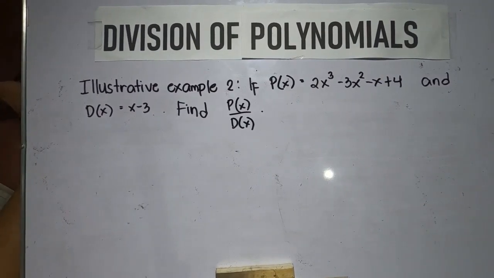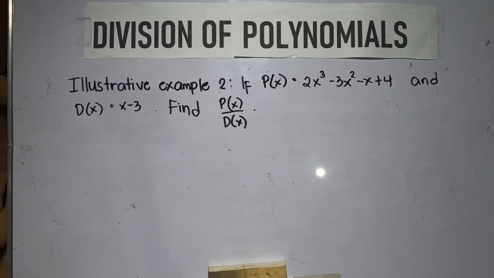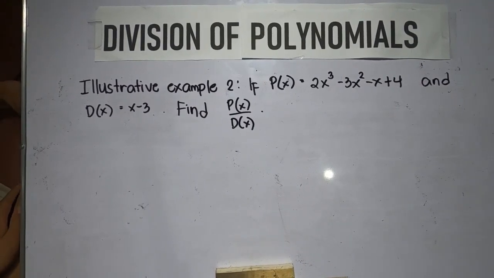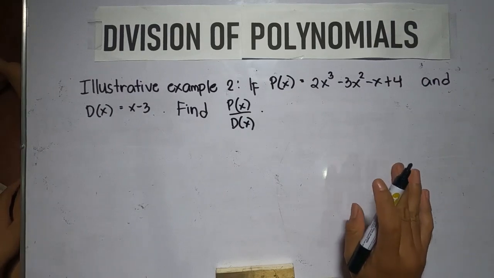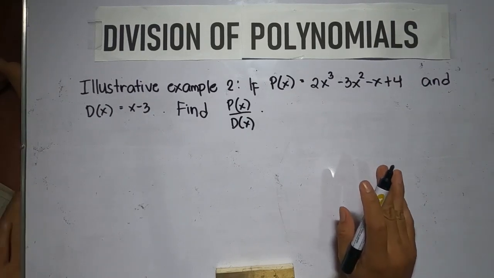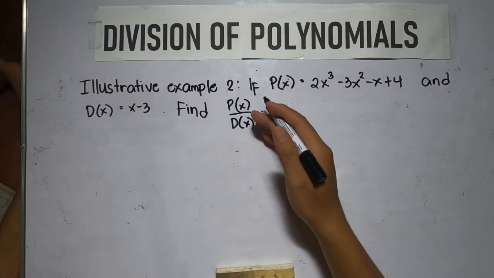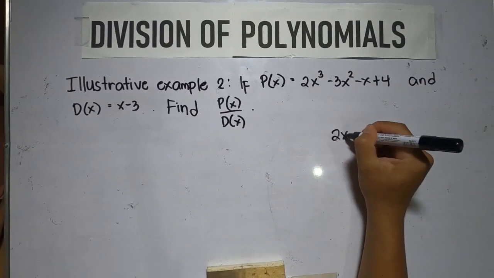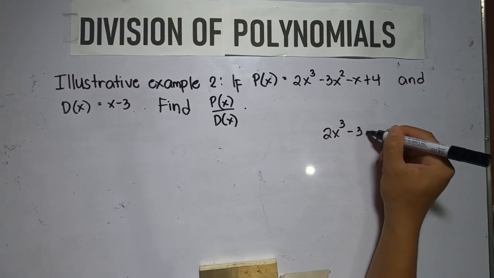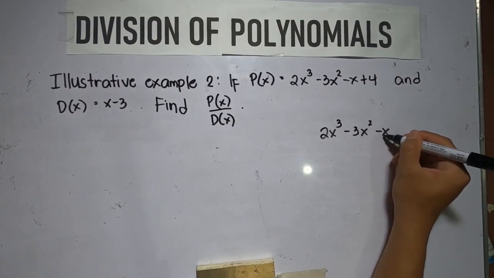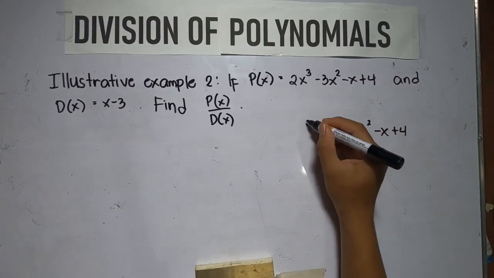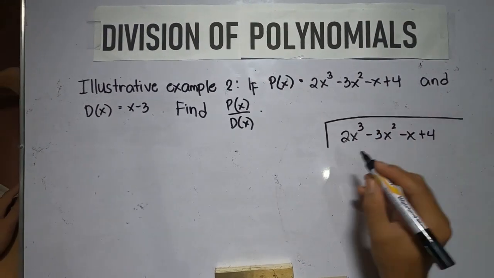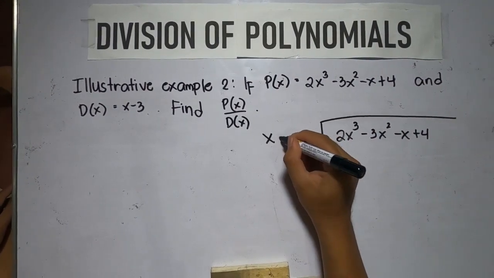So, since we already know the steps in dividing polynomials using long division, we will now verify and solve for the quotient. That is 2x cubed minus 3x squared minus x plus 4 divided by x minus 3.